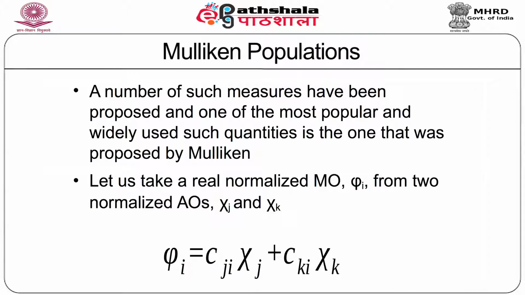Let us take a real normalized molecular orbital phi i made from two normalized atomic orbitals chi j and chi k. So phi i equals Cji chi j plus Cki chi k.